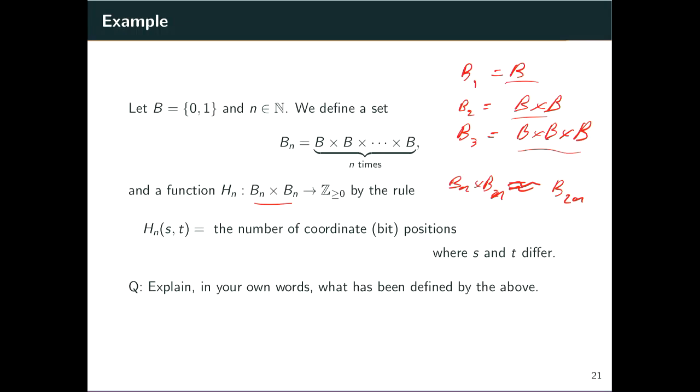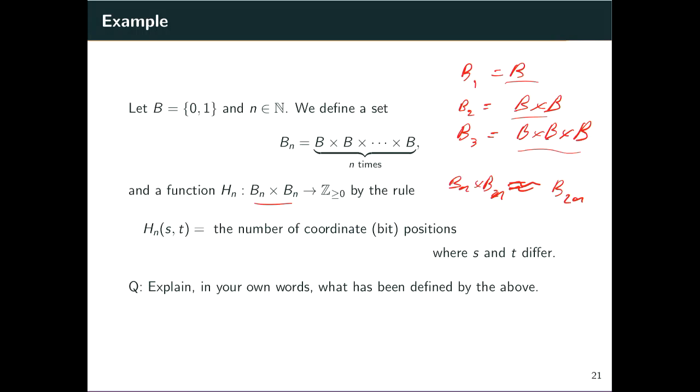We're taking the Cartesian product of this set Bn with itself, and we're mapping into the non-negative integers. And the rule is, if we take an element from here and here, the number of coordinate positions which differ is the number that we're going to count.